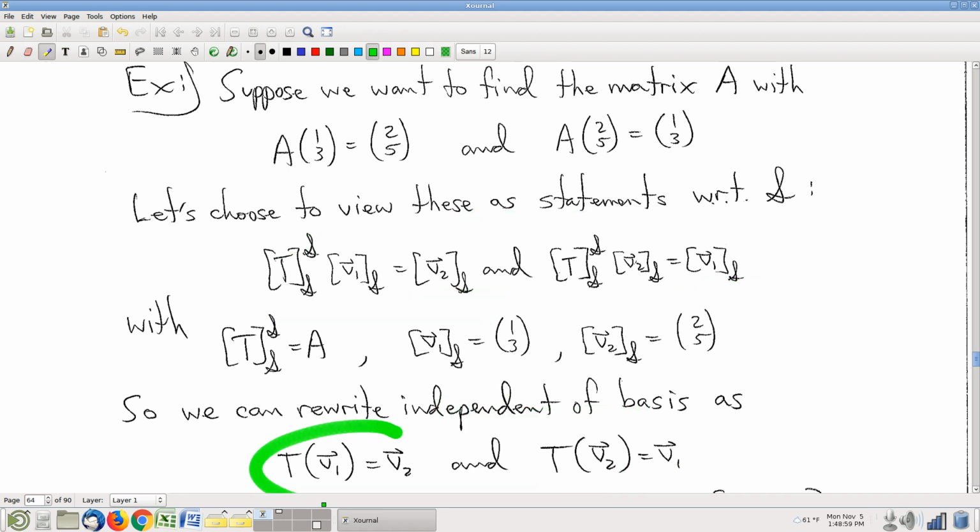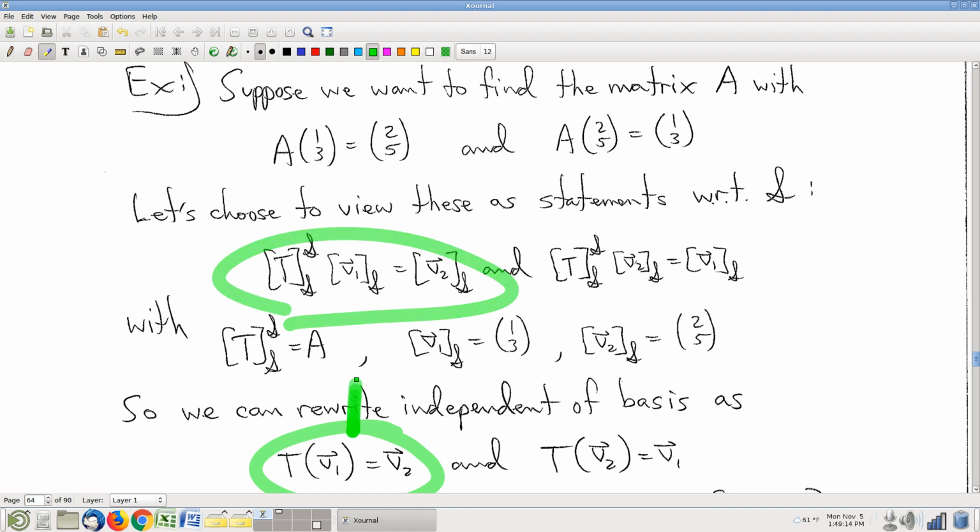If I were to say, how do I say that with respect to the standard basis? Well, I'd have to represent T with respect to the standard basis, and I'd have to represent V1 with respect to this, et cetera, right? And so this is just what you get when you decide to rewrite this bottom statement with respect to the standard basis. And chronologically, I sort of did it backwards here, but it's the same point, yeah.